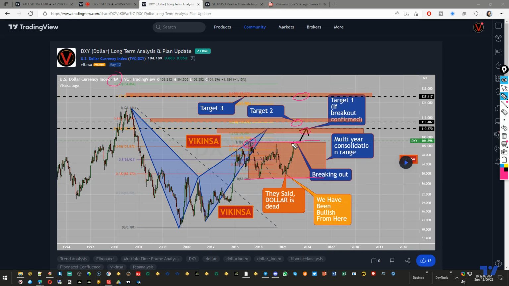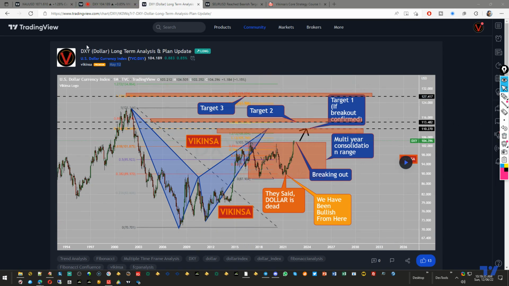Sorry, here the channel has been completed, which was our target 1 for long from here. Now on this chart, I'm showing that after a breakout, the next target is going to be 110, 113.482 is going to be the second target, and 127.417 is going to be the third target. So this is already there. You can follow me on TradingView, and you can look at it yourself and use it for your reference in future as well.